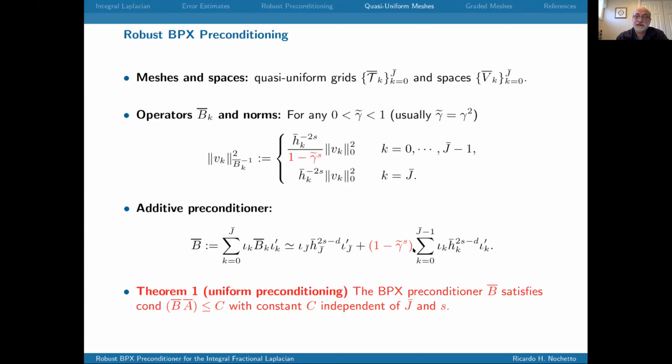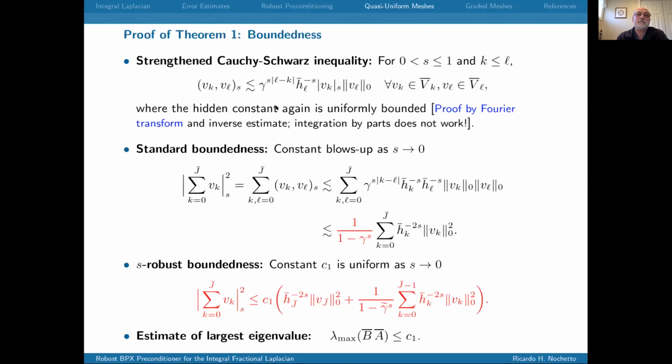With this preconditioner, we can prove that the condition number of B times A is uniform, both in J, the number of levels, and S, the exponent of the fractional operator. And the way this works is by proving boundedness.